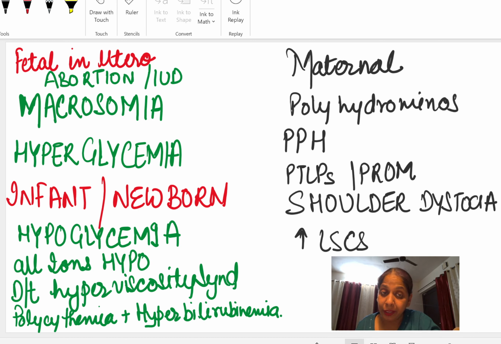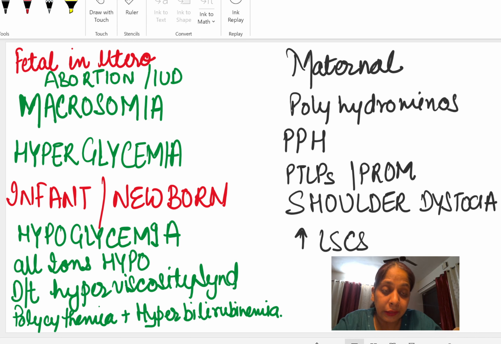So hypokalemia, hypophosphatemia, hyponatremia, hypocalcemia, and sometimes there is hyperviscosity syndrome, due to which there is polycythemia or hyperbilirubinemia. So only two hypers, polycythemia and hyperbilirubinemia, in the infant of a diabetic mother. Otherwise all hypos, including hypoglycemia.